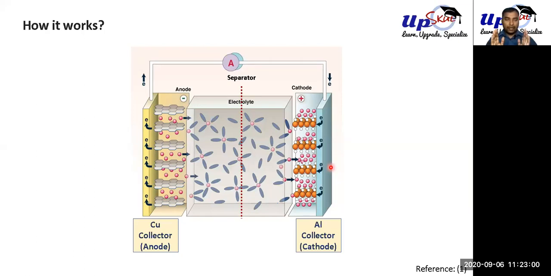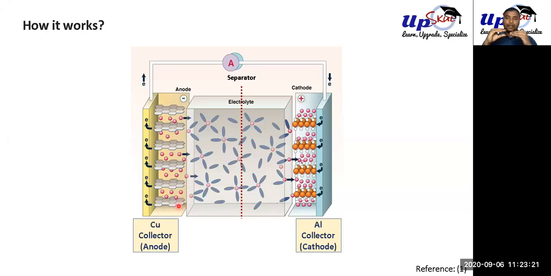It already has lithium in it. So in the zero state of charge condition, it's like this. All the lithiums are on this side. On this side there is nothing, only graphite. So what is the purpose of graphite? Graphite has lots of space in between its parallel layers.